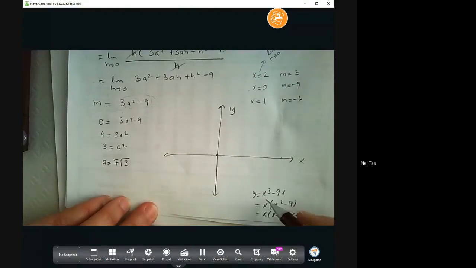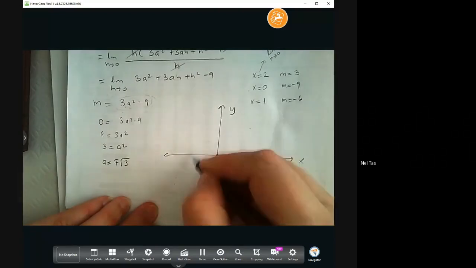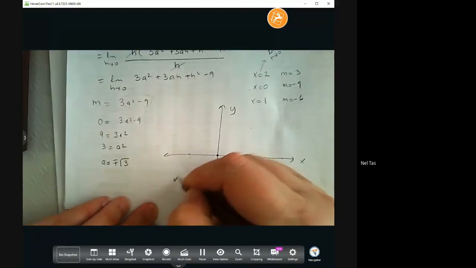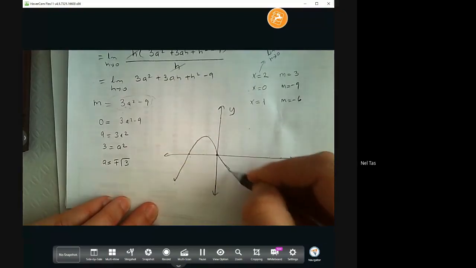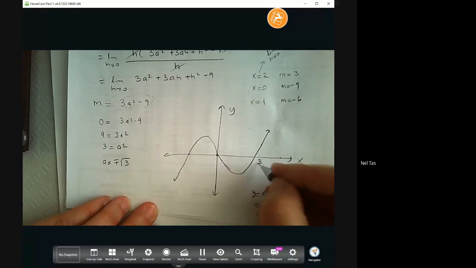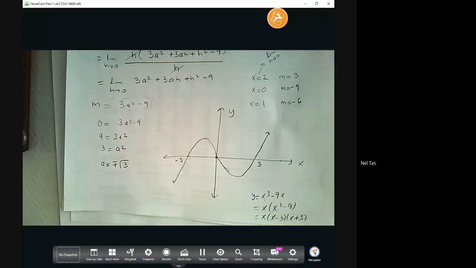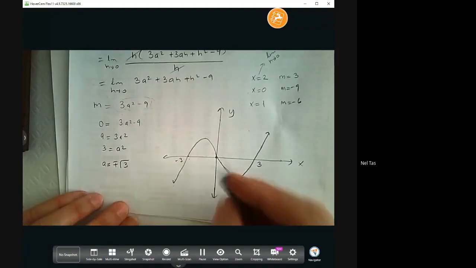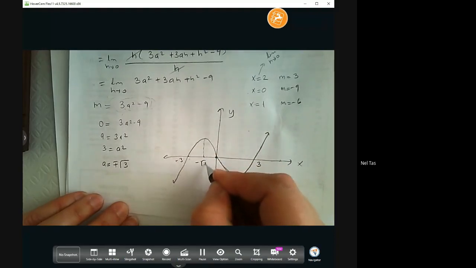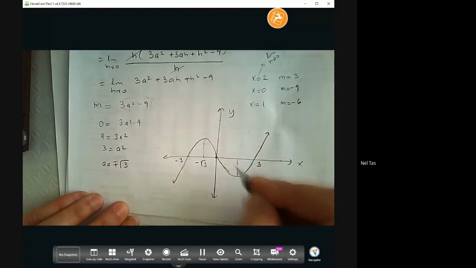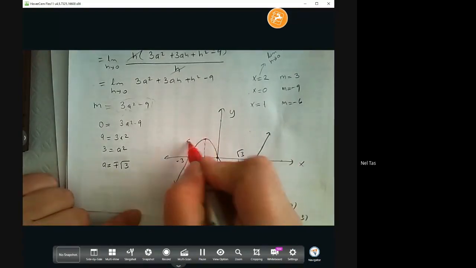And it's a cubic function with a positive leading coefficient. It goes from quadrant 3 to quadrant 1. Okay, so we got that at x equals negative root 3 and positive root 3, the tangents are horizontal.